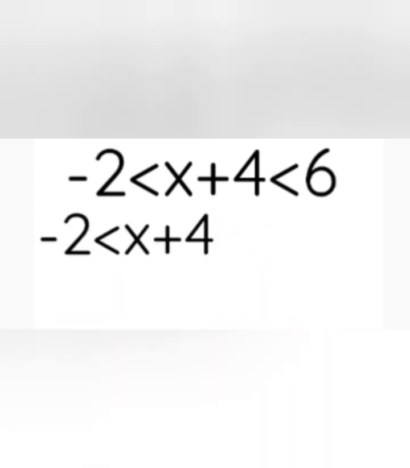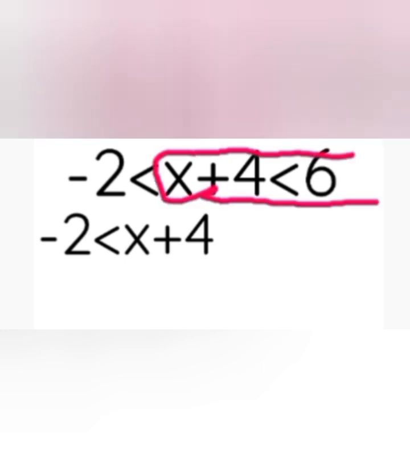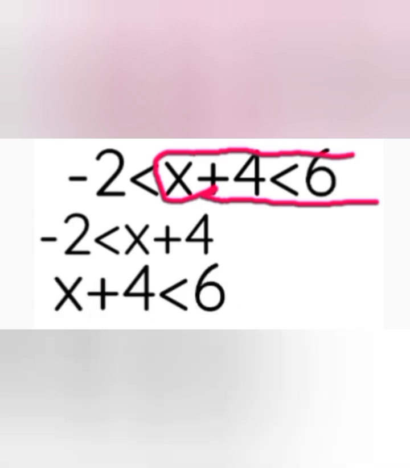Our second part will be x plus 4 is less than 6. So these two signs of linear inequalities will be guiding us. All right? So we shall not go past this sign of linear inequality. That is how we group them.